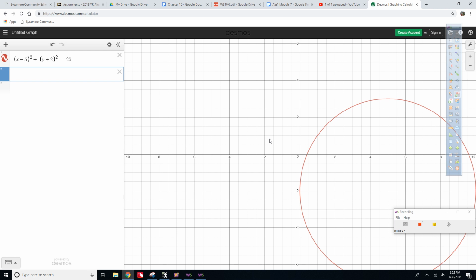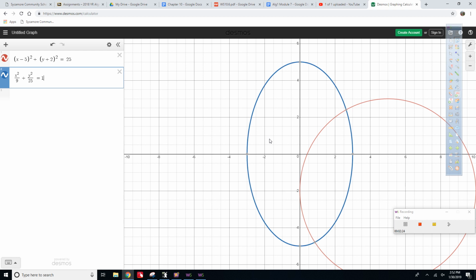How about an ellipse? How about x squared over 9 plus y squared over 25 equals 1.